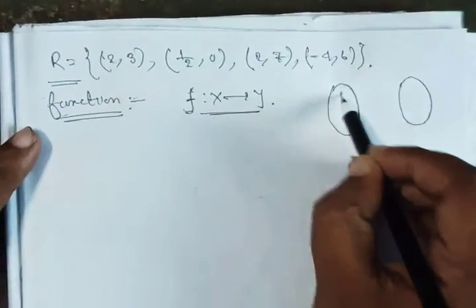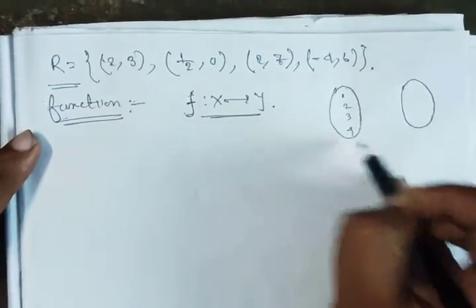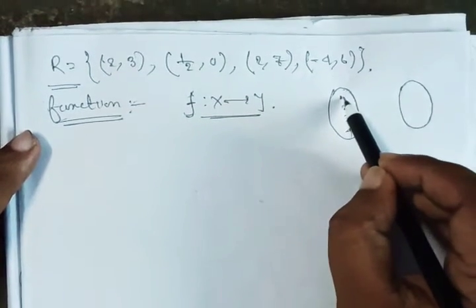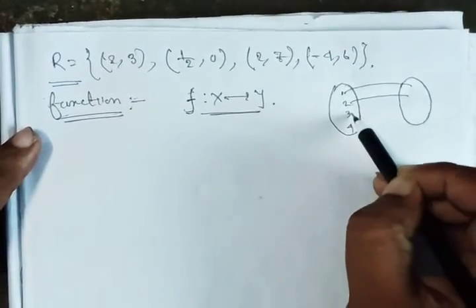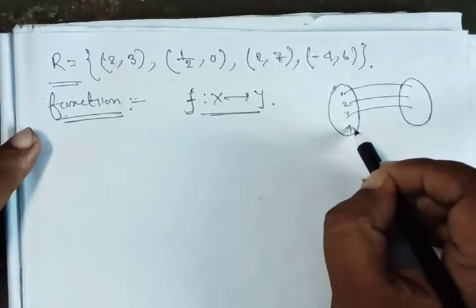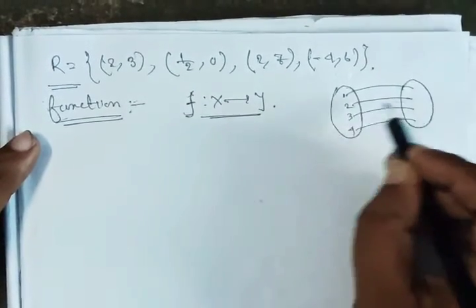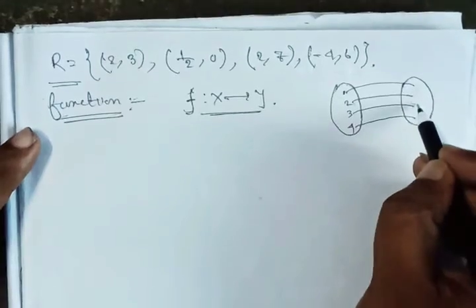That means 1, 2, 3, 4: for 1 there should be one image, for 2 there should be one image, for 3 one image, and for 4 one image. These are the pre-images, these are the images.